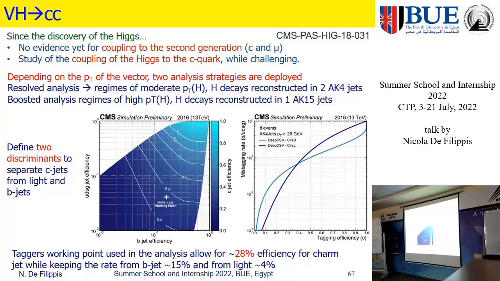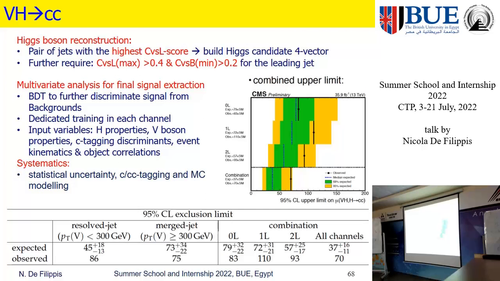Recently we also studied the decay of the X to c cbar. We are not yet sensitive to that. Why? Because the c quark hadronizes and gives you D mesons, but the D mesons do not have a lifetime as long as the B meson.